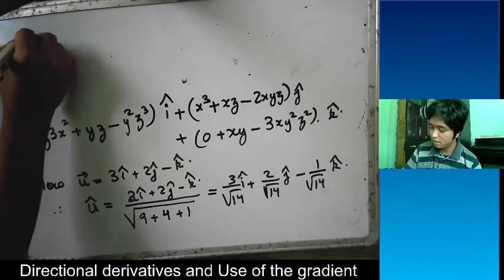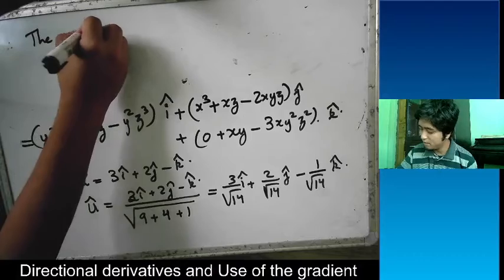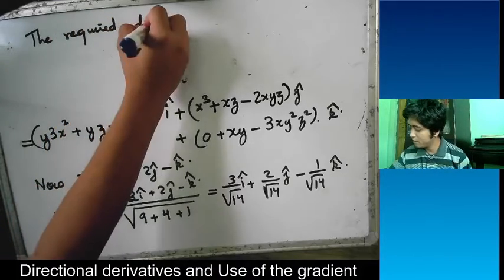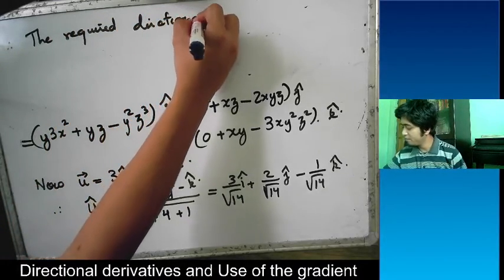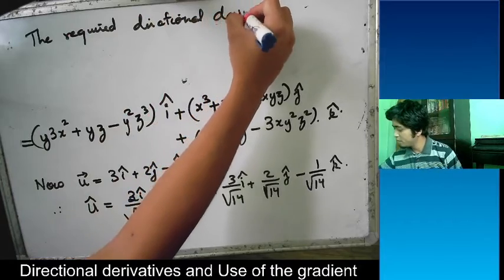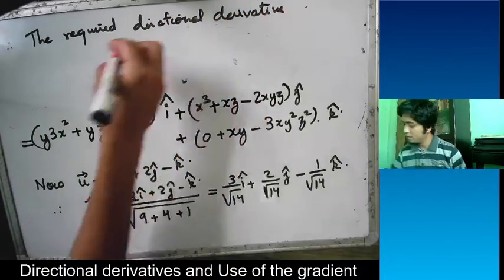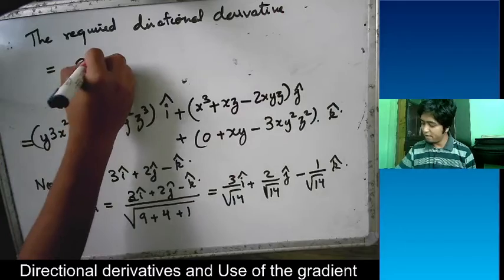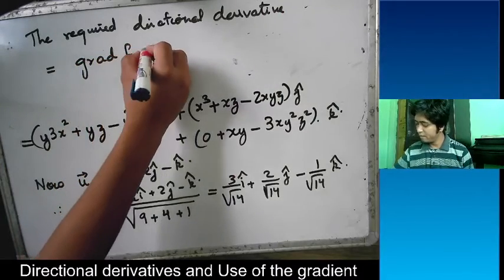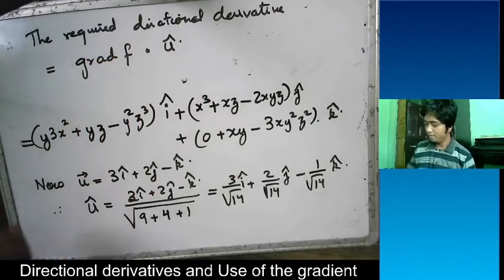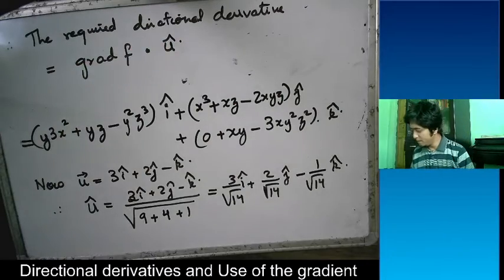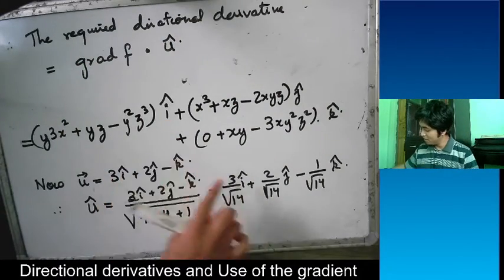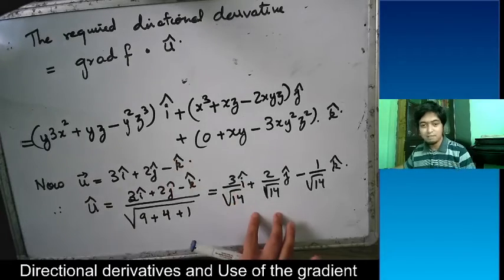Therefore, the required directional derivative is equal to grad f dot u cap. Okay, so what we can do over here, instead of i, just take the dot product of this one with this one.